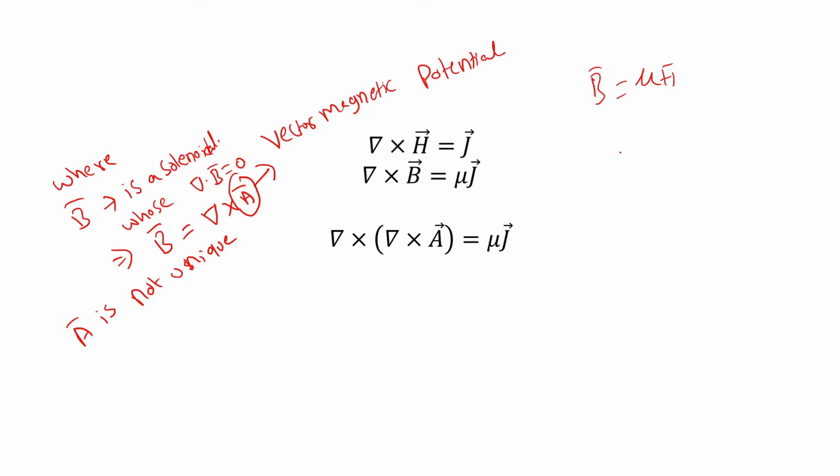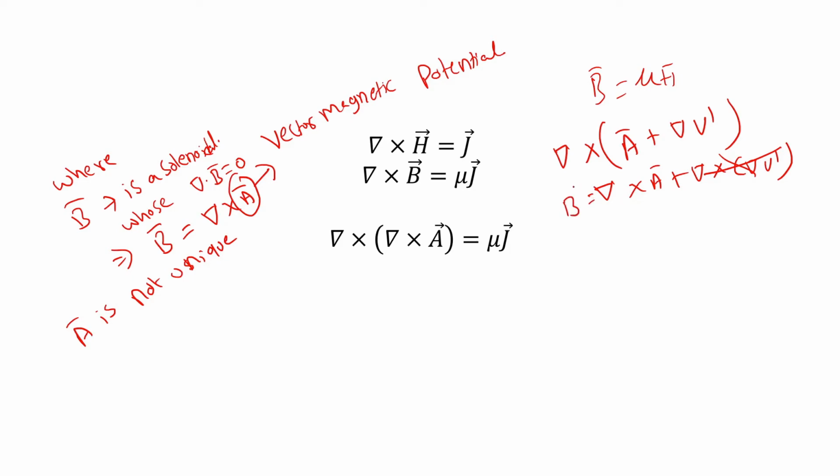That is, you may add any gradient of a scalar field to this, and if you calculate the curl of it, the answer would be the curl of A bar plus the curl of the gradient of the scalar field, where we know that the curl of the gradient of a scalar field is always 0. Therefore, the answer would still be equal to B bar. Therefore, the magnetic vector potential is not unique. You can have multiple vector magnetic potentials.